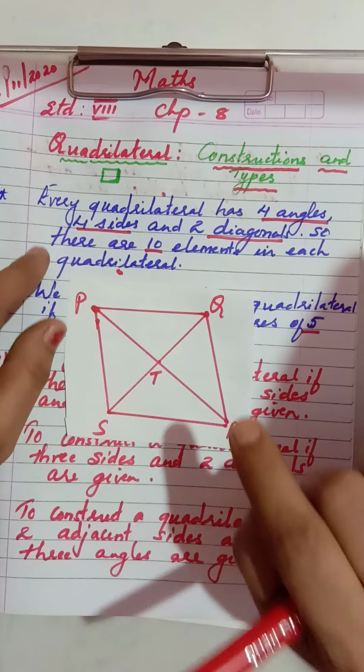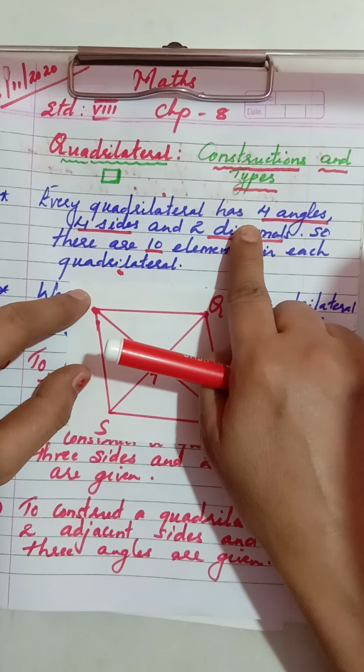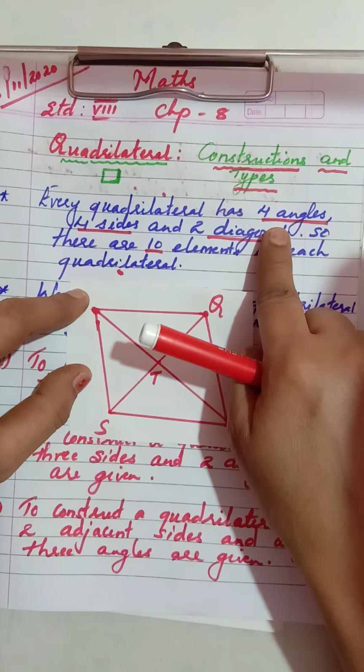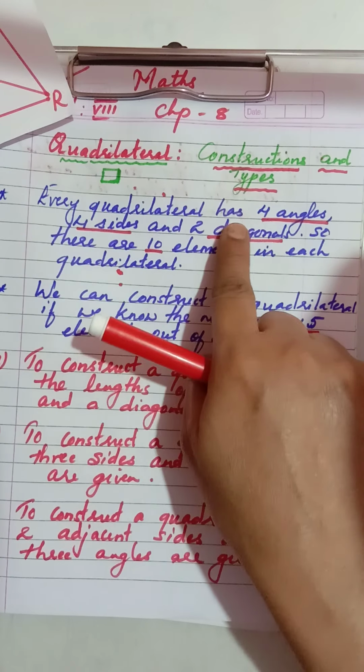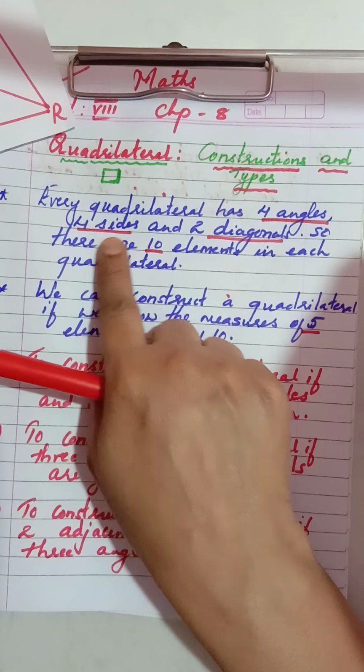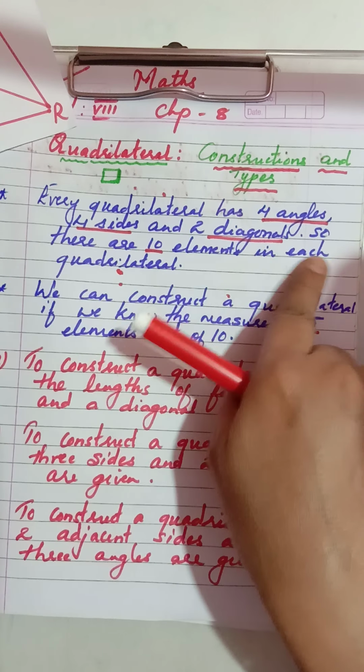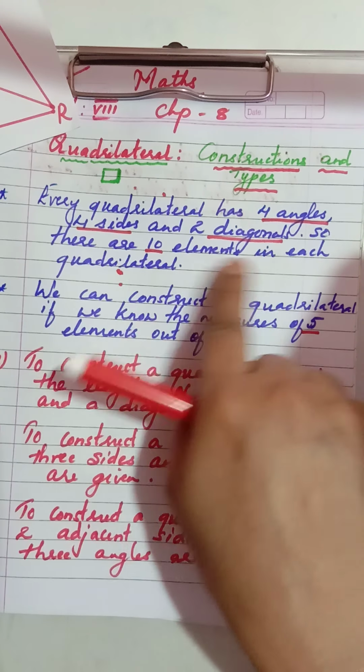Coming to the next point, every quadrilateral has four angles. Children, this point you have to remember and copy down in your notebook. Every quadrilateral has four angles, four sides and two diagonals, so there are 10 elements in each quadrilateral.